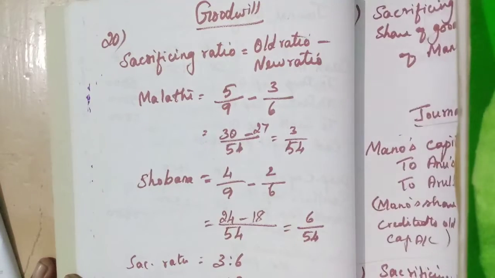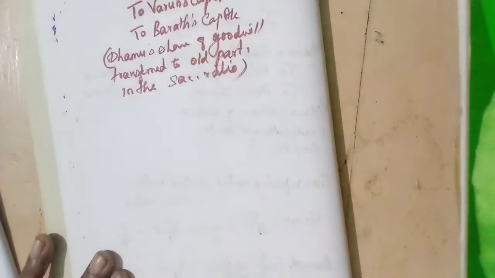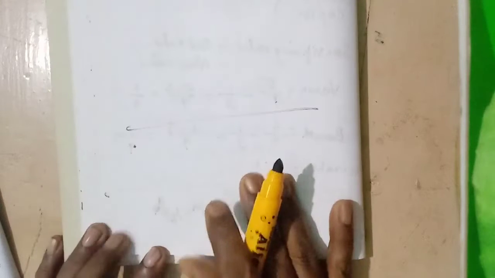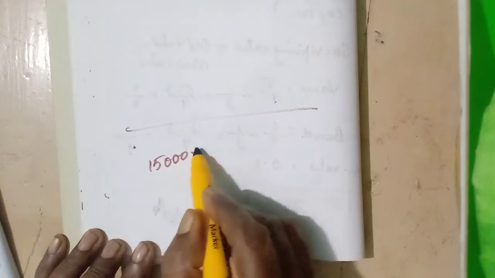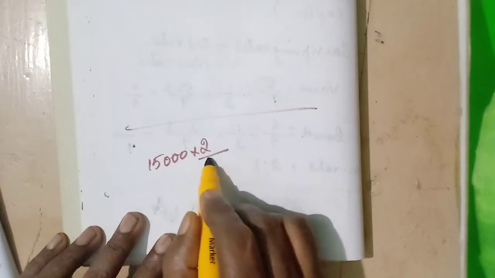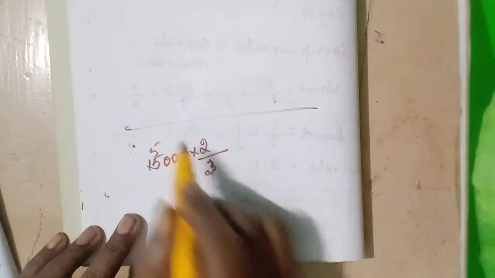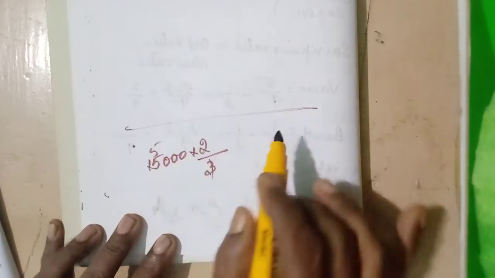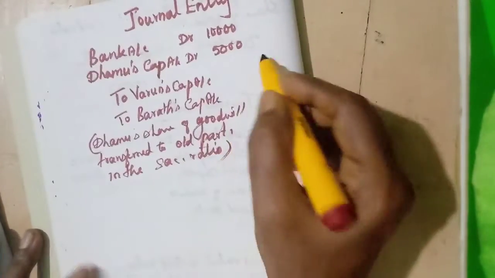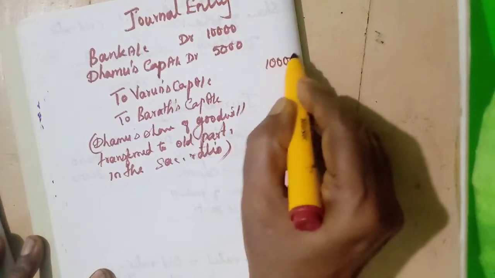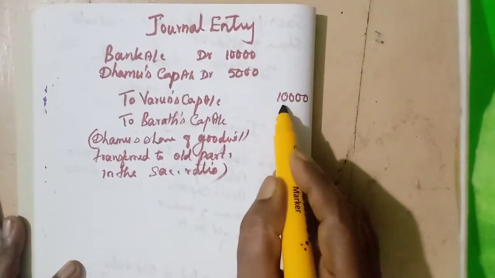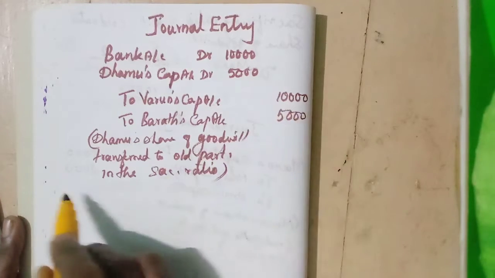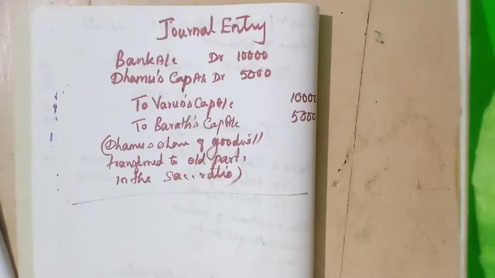The sacrificing ratio is 2:1. So 2/3 of 15,000 is 2 into 5, 10,000, and 5,000. Okay, only one journal, students.